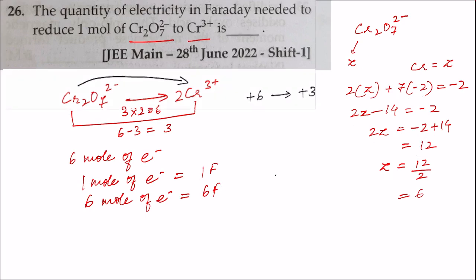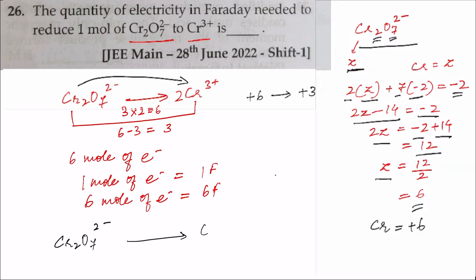So oxidation state of each chromium atom is changing from plus 6 to plus 3. When Cr2O7 2 minus is changing to chromium in plus 3 oxidation state, the oxidation state of each chromium atom is changing from plus 6 to plus 3.